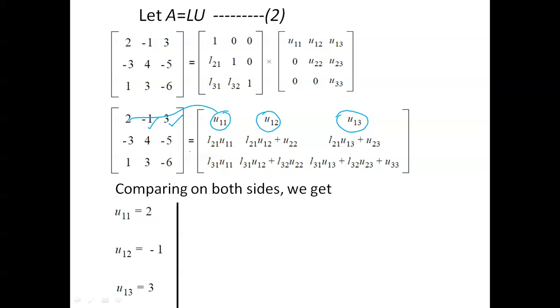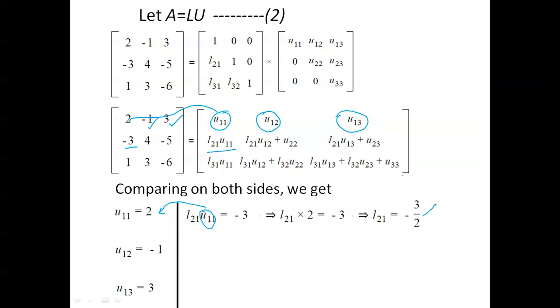Next, L21 u11 equal to minus 3. The u11 value was already calculated a few seconds back, that is 2. So L21 into 2 equal to minus 3, which implies L21 equal to minus 3 by 2.